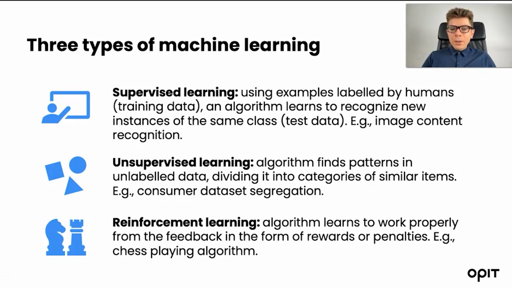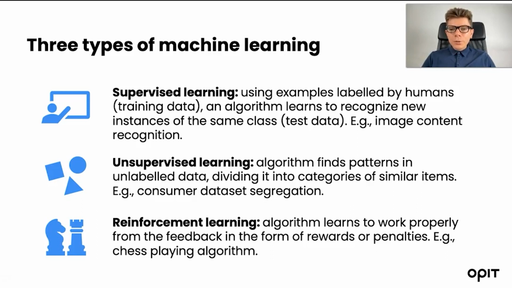And one example could be a chess playing algorithm. Depending on whether the move it suggested is good or bad, it will receive feedback from the environment. And if the feedback is positive, it will learn, well, that is the move that I should be making. And if the feedback is negative, it will learn, well, it means that I need to correct the algorithm, the model, and so on.